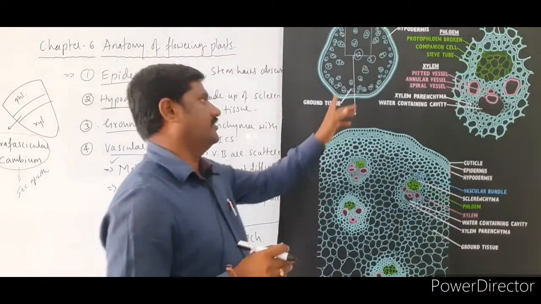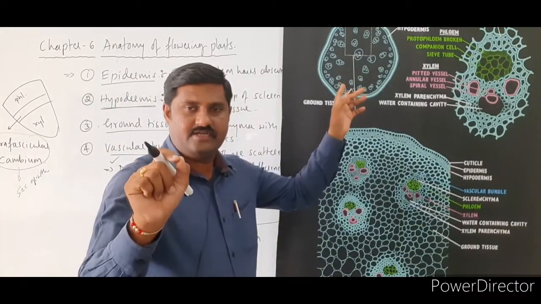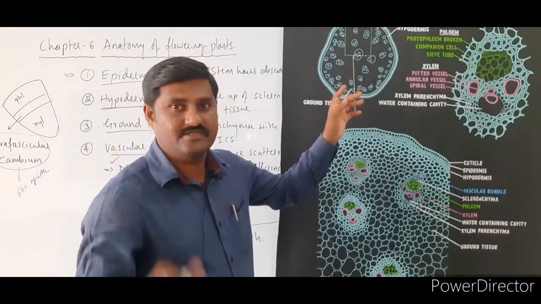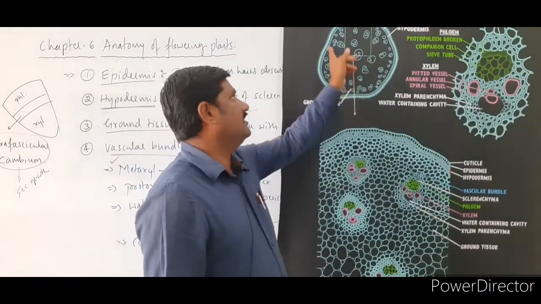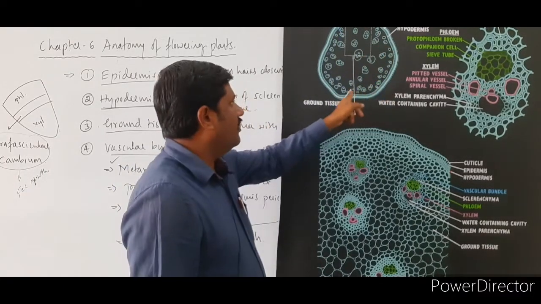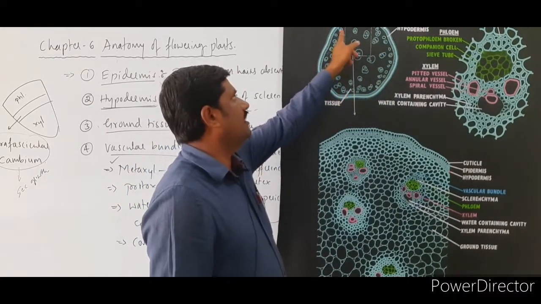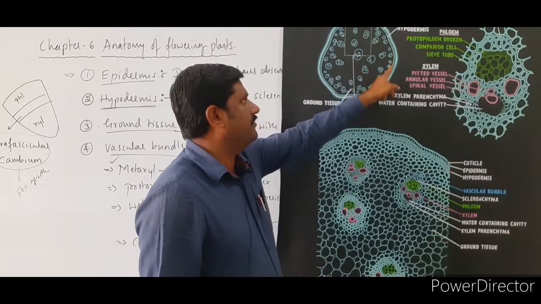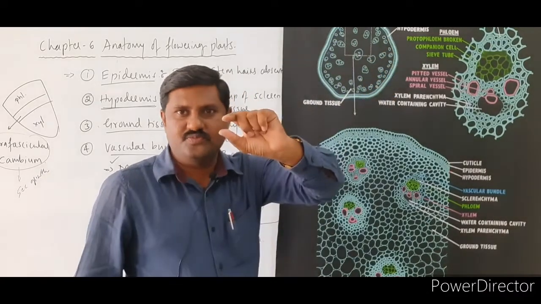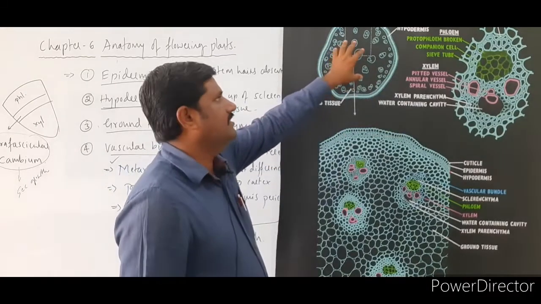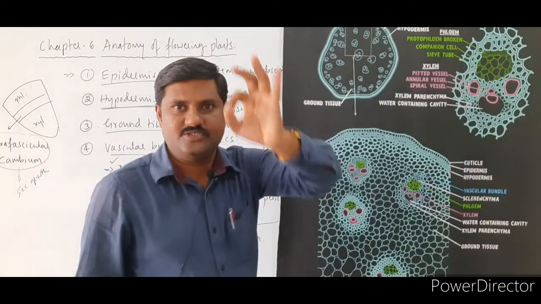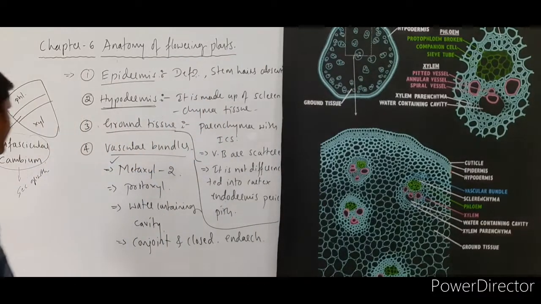And one more point, as far as NEET is concerned, all such kinds of points are considered. What is that? See here, all the vascular bundles which are lying towards the periphery are very small when compared to the centrally located vascular bundles. So this point is also noted over here.